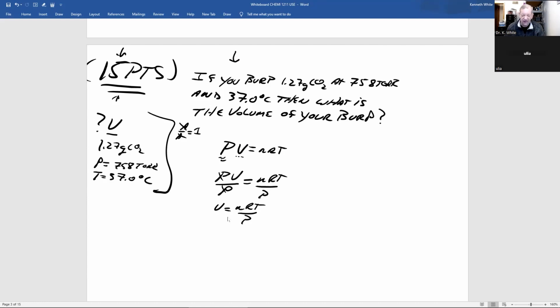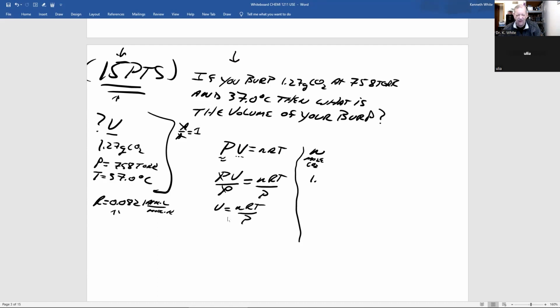Well, now we have to figure out what's n. We're given R, and here's R, so we don't have to do anything with that, but let's get to work. n is moles, in this case, CO2.